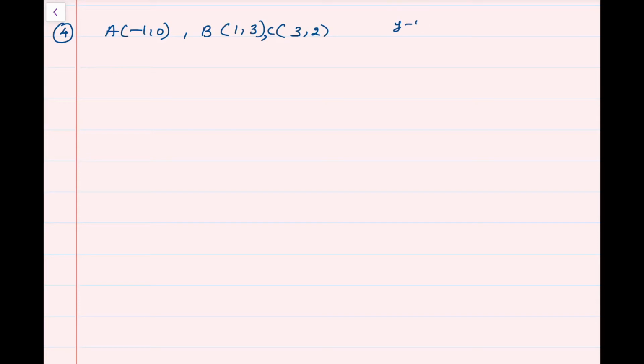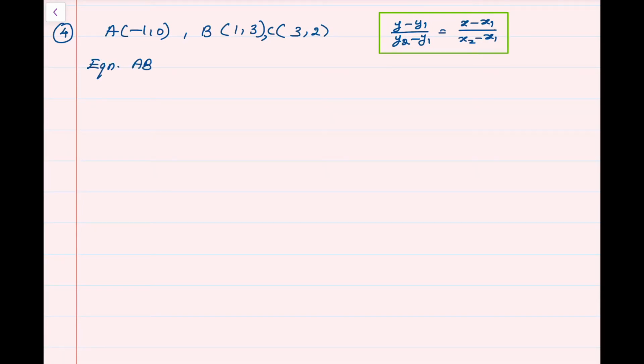I am writing the equation: y minus y1 divided by y2 minus y1 is equal to x minus x1 divided by x2 minus x1. This is the 2-point form of a straight line. Let us find the equation of AB. A is minus 1, 0 and B is 1, 3. We will take this as x1, y1 and this as x2, y2.